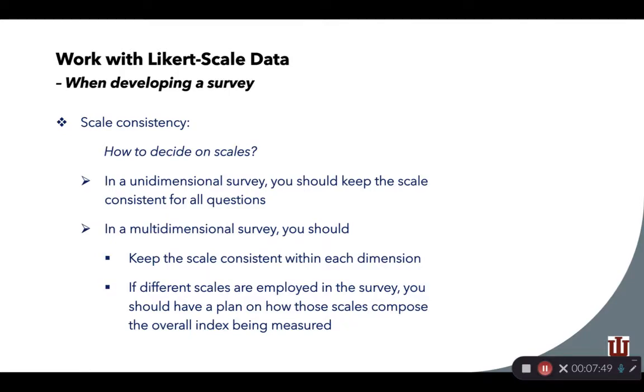For example, in art course, in science course, in communication, in out-of-class activities. So all those performances can be assessed using different scales. And when you want to compose the overall measure of performance using questions of different Likert scales, then you want to have a plan of how to compose your overall measure.